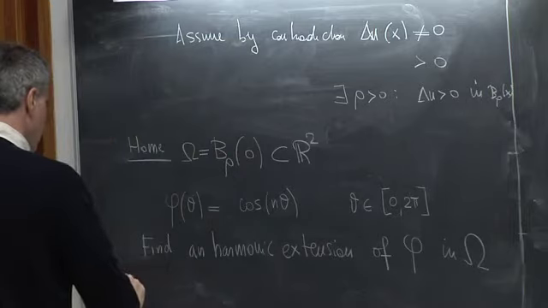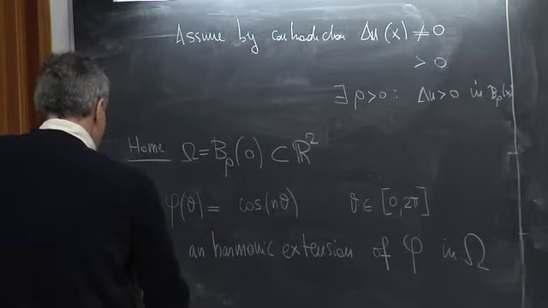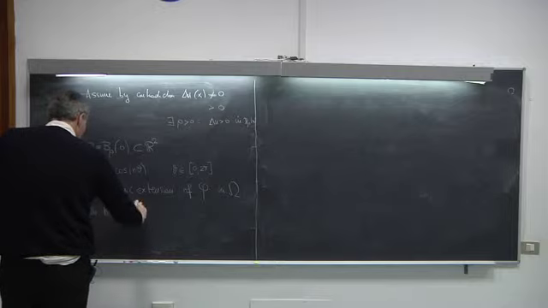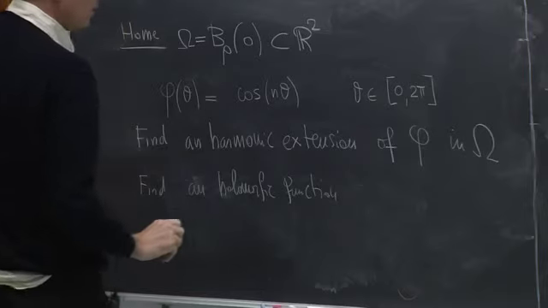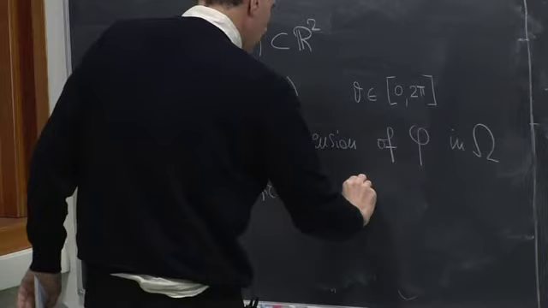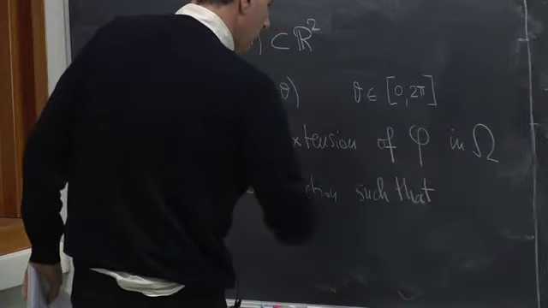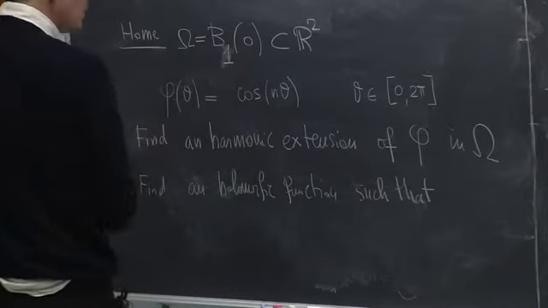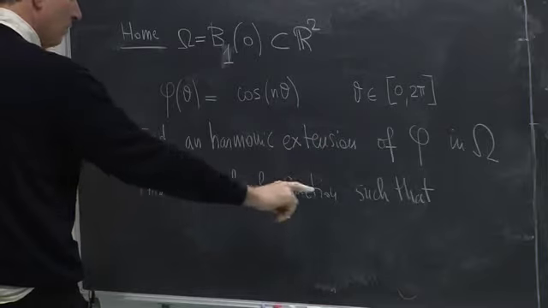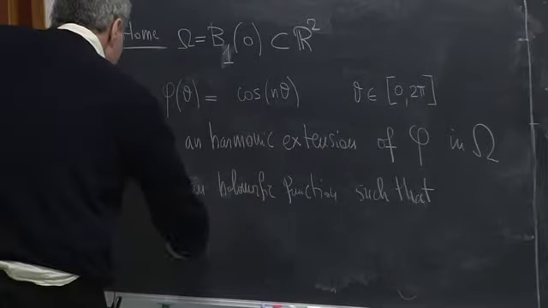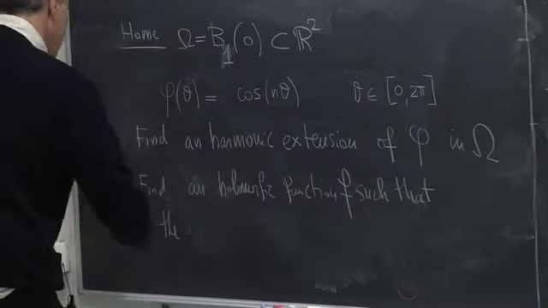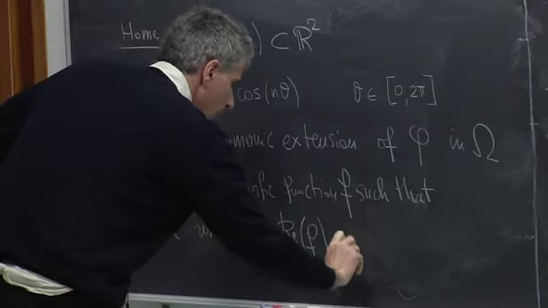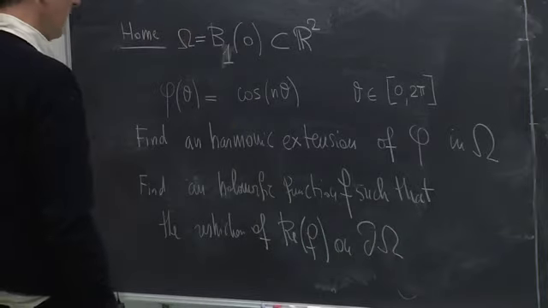What does it mean? That is, equivalently, find a holomorphic function in the ball such that the restriction of its real part to the boundary, taking the ball of radius 1 for simplicity, is equal to phi. Find a holomorphic function f such that the restriction of the real part of f to the boundary of omega is equal to phi.